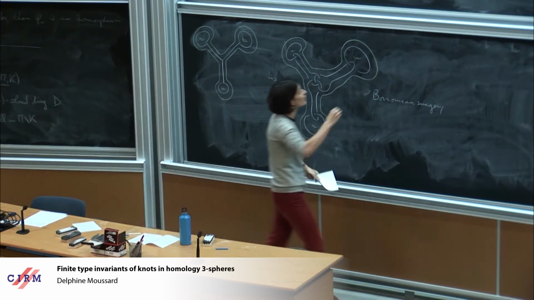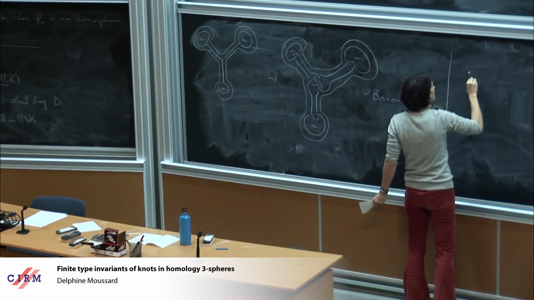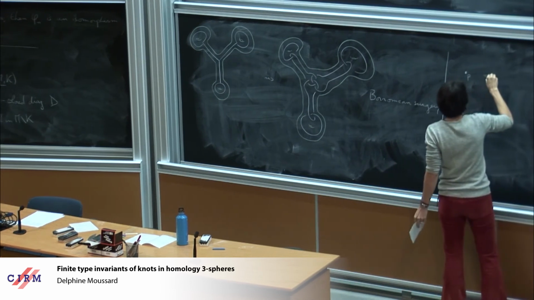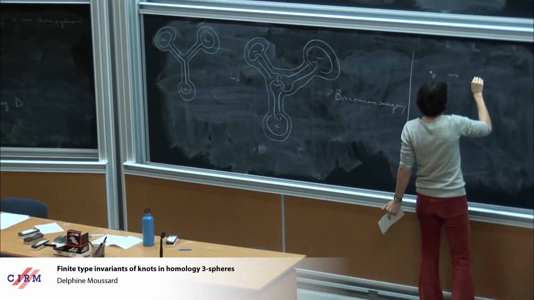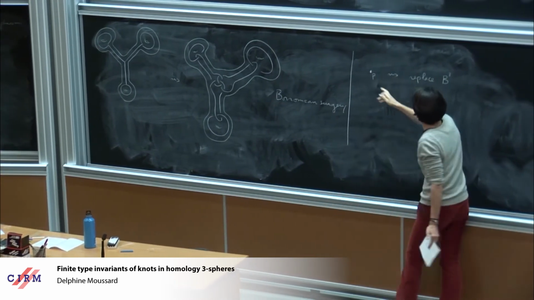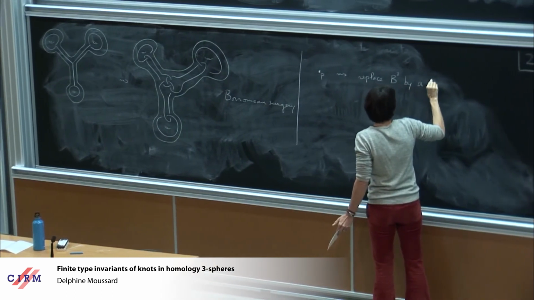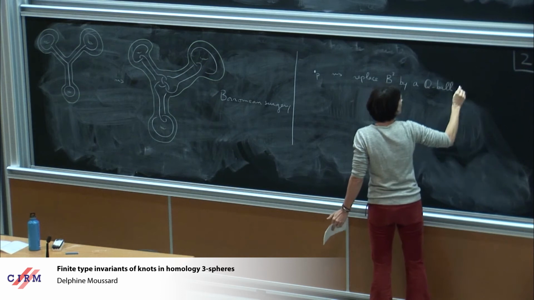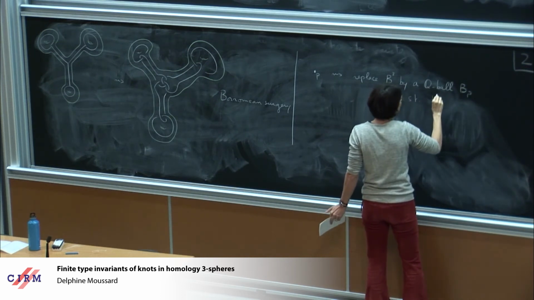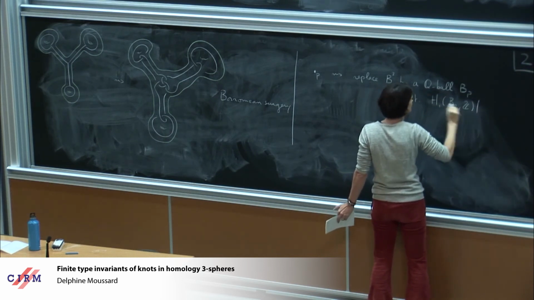And last thing, when we have an isolated point labeled by some prime integer p, we associate with it a surgery which is to replace a little ball B3, for instance a neighborhood of the point, by a rational homology ball, say Bp, whose first homology group has order p.